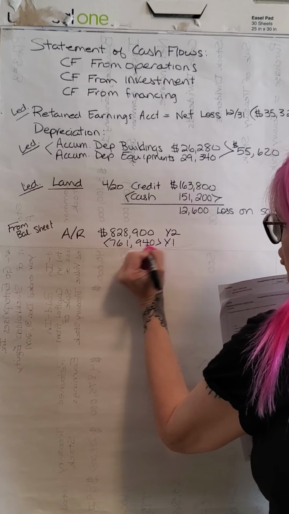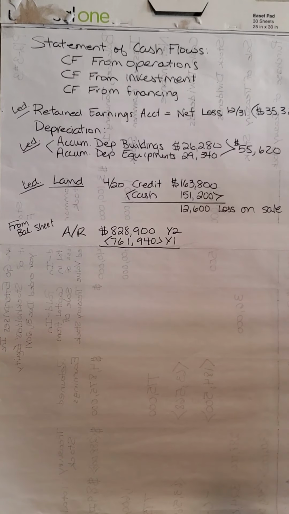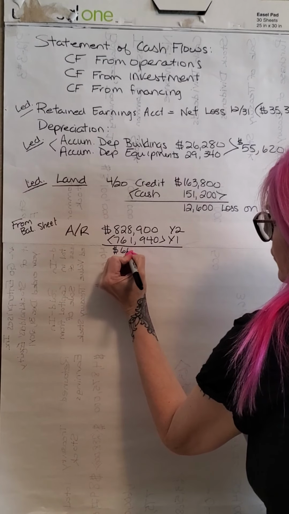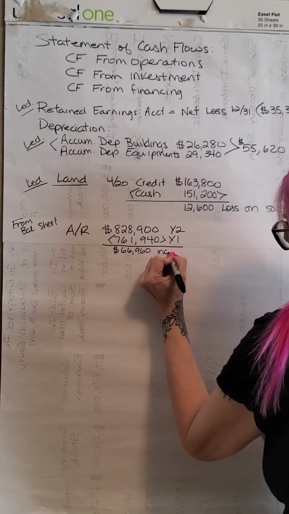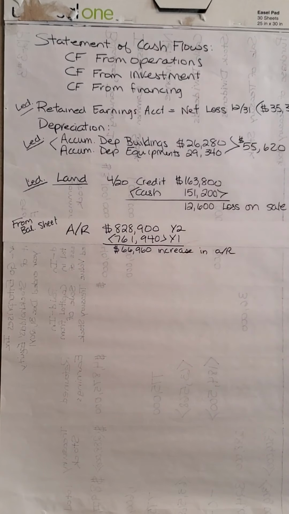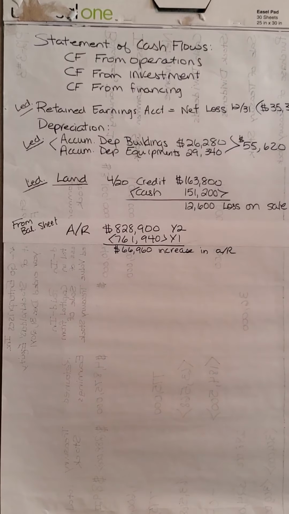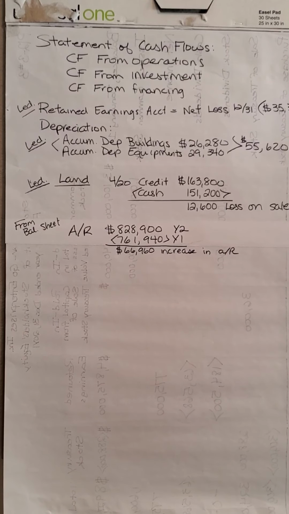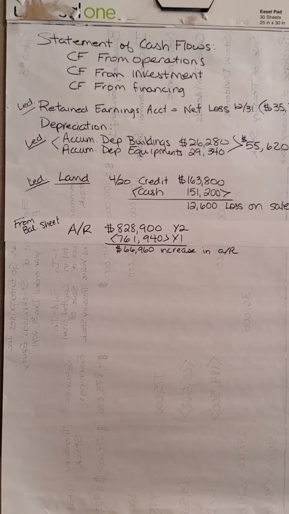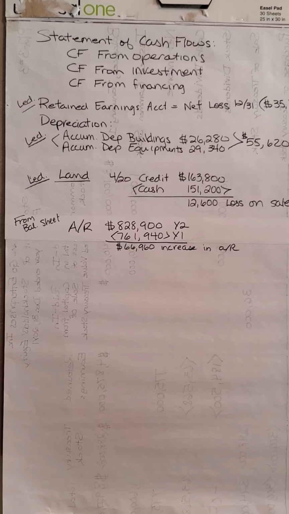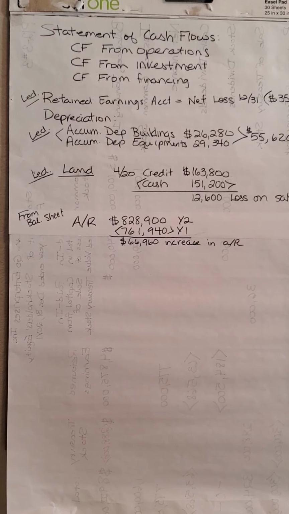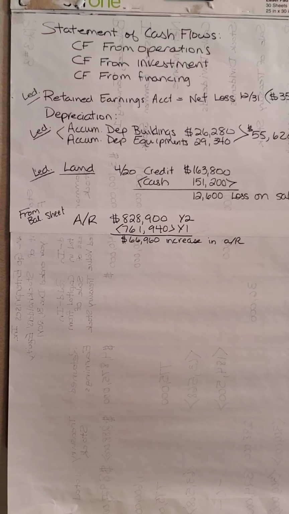And you subtract these two. That's going to show that we had an increase in accounts receivable of $66,960. This is important because it means that the sales that are included in this net loss weren't all cash sales. $66,960 of those sales were on account, so we haven't received the cash for that. Remember, we're reconciling from accrual basis accounting to the cash basis.